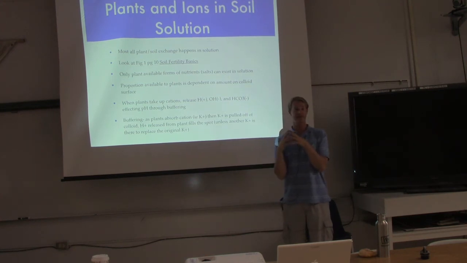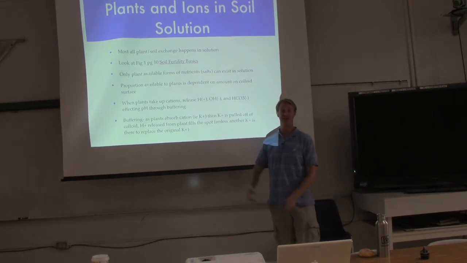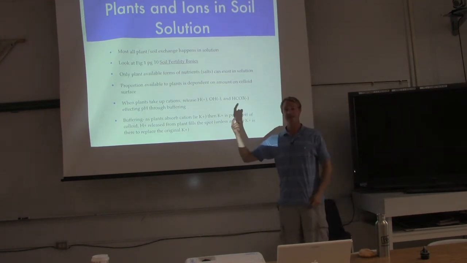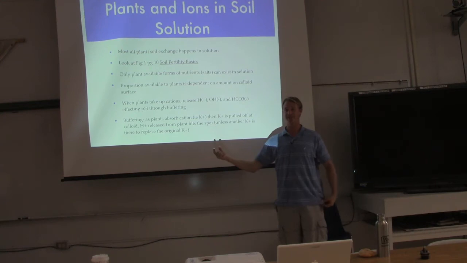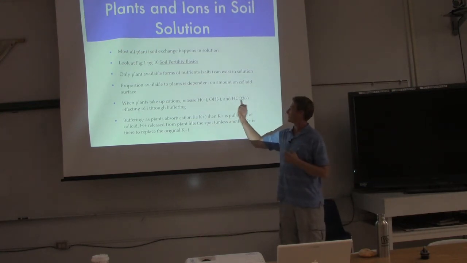Usually, at that point, a microorganism or some environmental factor will break these two apart, sending the oxygen out into the water and leaving that hydrogen atom on that colloid surface. So that actually happens here as well with this negative anion.